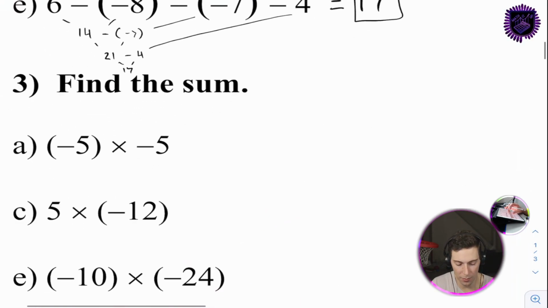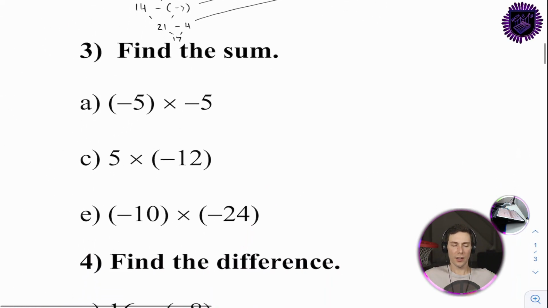Question 3. Now, instead of thinking about which direction I'm moving on the number line, I'm going to just use my laws, use my rules. If there's an even number of negatives, it equals a positive. And if it's an odd number of negatives, it equals a negative. So in this case, there's two negative numbers. 2 is an even number. My answer will be positive.